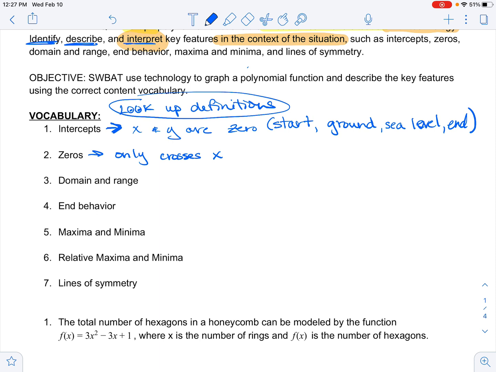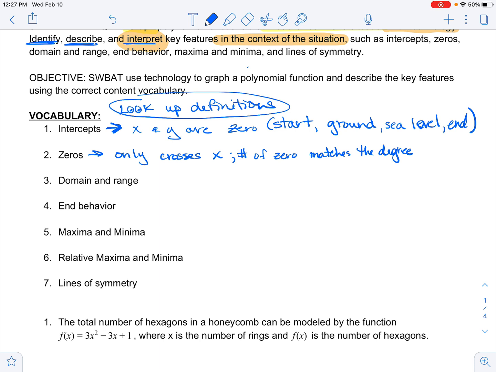Now, when we're talking about zeros, we're talking about only when it crosses the x. And the important thing with the zeros is recognizing that the number of zeros matches the degree of the function. So if you remember our work from 6.2 last week, the degree is the highest number in the exponent.